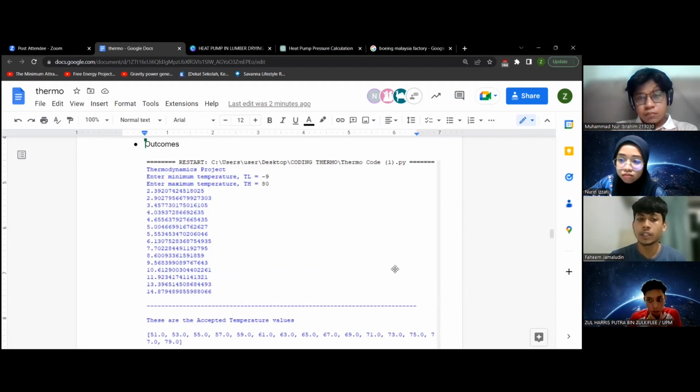For values above 20%, it will continue to calculate until you get below 20%.